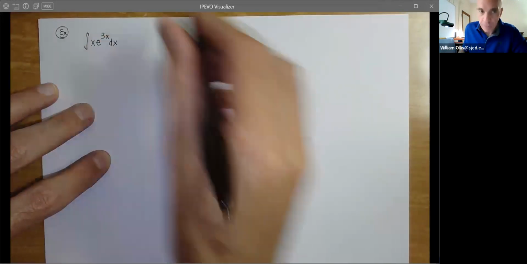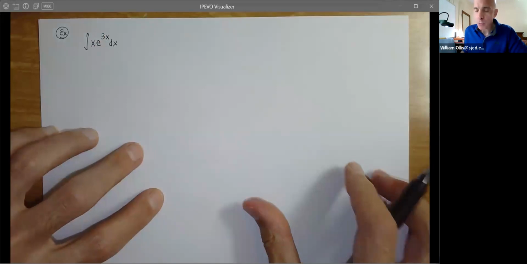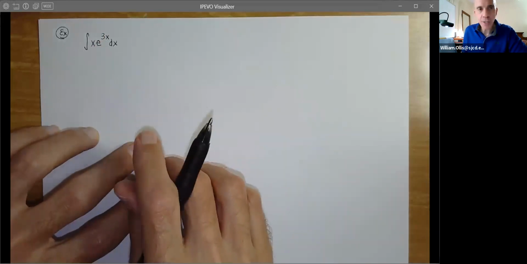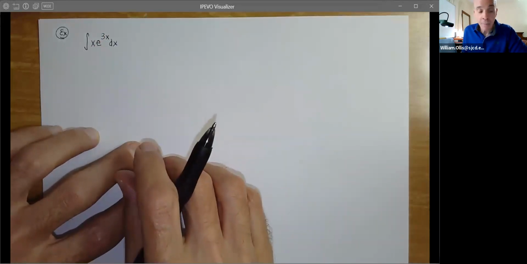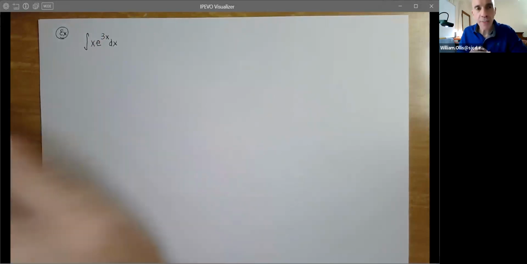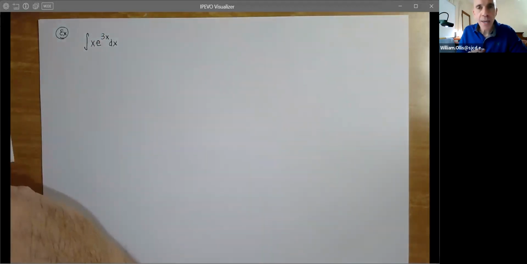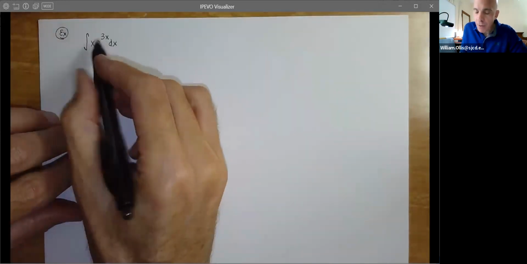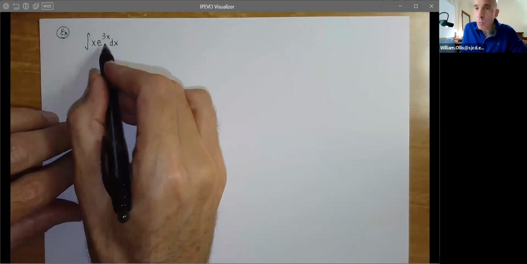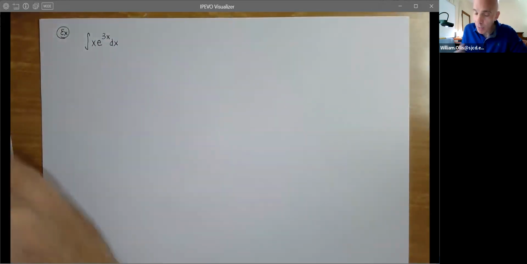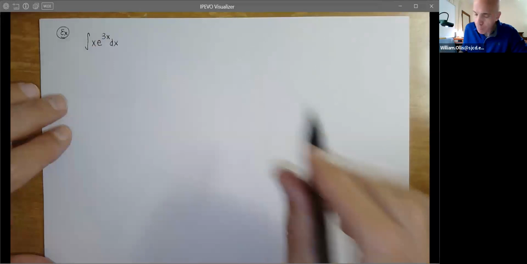Look at this integral. We have the integral of x times e to the 3x dx. Now, when you look at this, you think of two things here, and this is what's important. We have e to the 3x, which is an easy antiderivative. So I'm just going to make a couple of notes here.